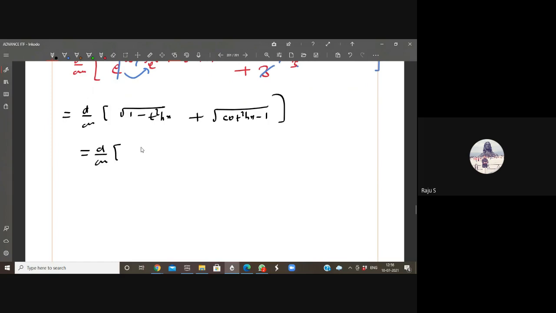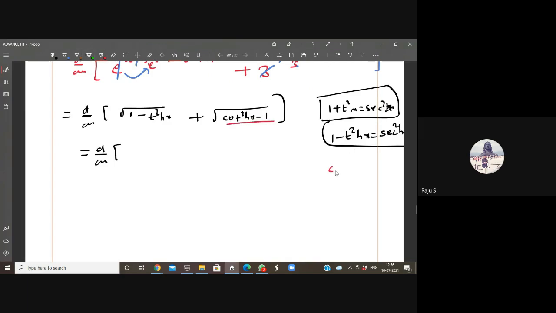There is a formula. Actually 1 plus tan square x is equal to secant square x in trigonometry. Coming to hyperbolic function, 1 minus tan square hx value becomes secant square hx. Observe here, for hyperbolic function it is negative. But what about cot? Here cot square hx minus 1 becomes cosecant square hx.